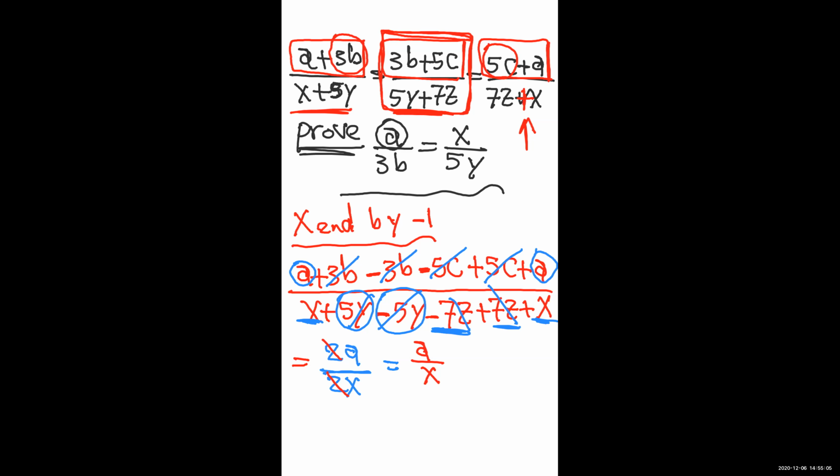Now, guys, I want to get 3B on the denominator, right? How can I get 3B from this one: A plus 3B, 3B plus 5C, 5C plus A?